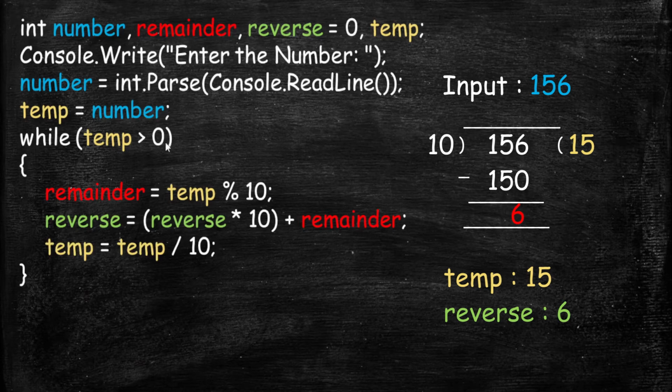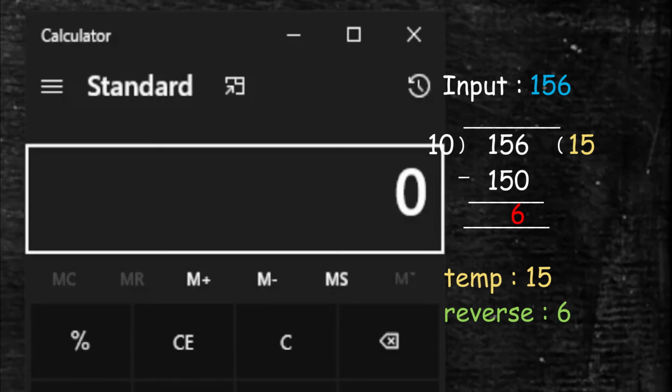So whenever we divide what the user has entered, which is 156, by 10, it will also give the quotient and the remainder together. If you do this in a calculator, 156 divided by 10, you will get 15.6. So this 15 is the temp and this 6 will be the remainder always.